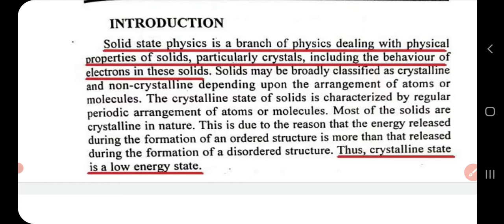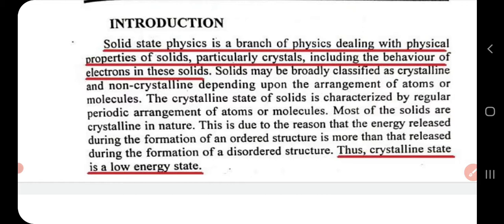But just the opposite will be the case of non-crystalline or amorphous solids. That is, there will not be any regular or periodic arrangement of atoms or molecules. That is, periodicity will be of short range order. That is, there will not be a uniform pattern in the arrangement of atoms or molecules as we observe the structure inside the solid.